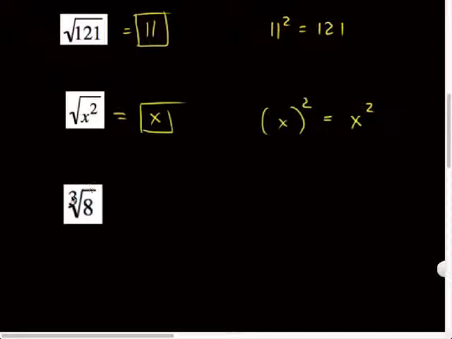This is called the cube root of 8, is how you would read that. What question do you think that's asking? What cubed is equal to 8? Sure, you could ask it that way. What's that 3 doing then, if we're just talking about 8?